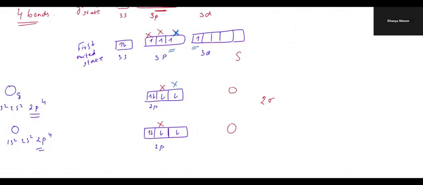So pi bonds are formed between 2p orbitals of oxygen and 3p orbitals of sulfur. This is one pi bond. So this is p pi p pi bond. How many in number? 1 in number.